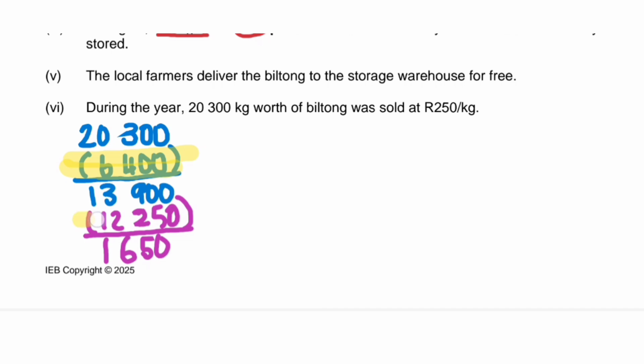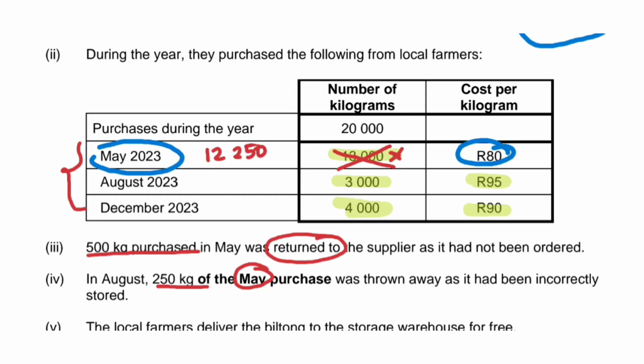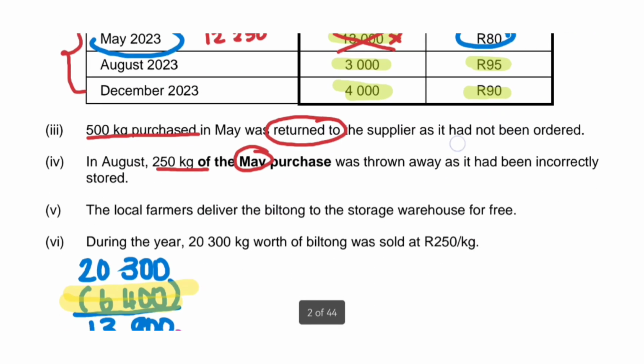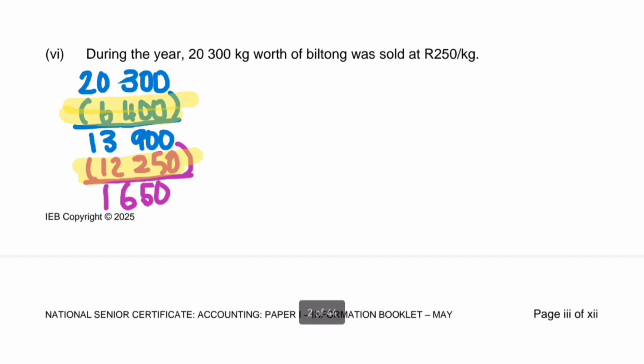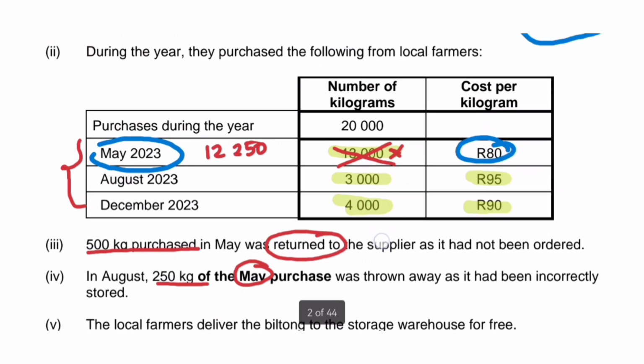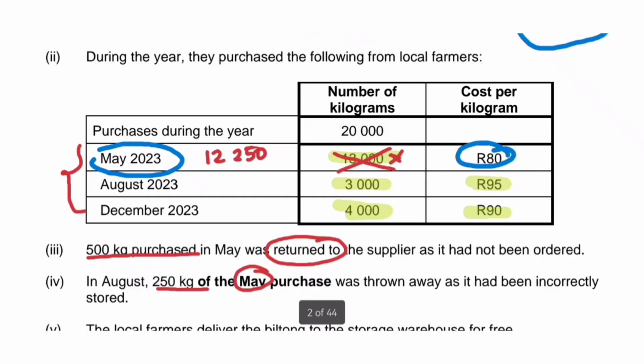So we're going to take the whole 12,250 from May. So the total cost would be 80 multiplied by 12,250 kilograms. Now, we are still left with 1,650 kilograms of sales that we have not accounted for, right? And since we have exhausted all the biltong available for sale from the May purchases, we move to the August purchases.